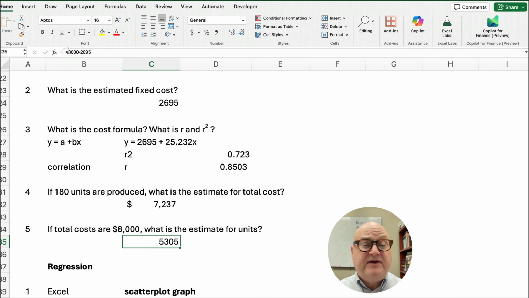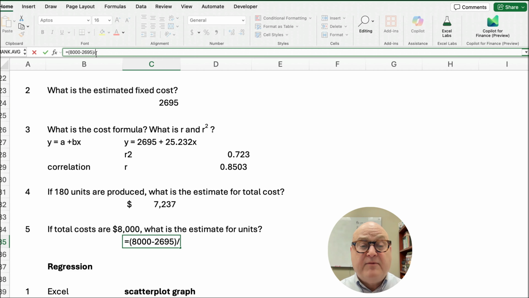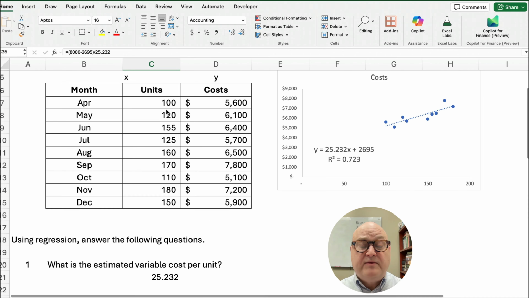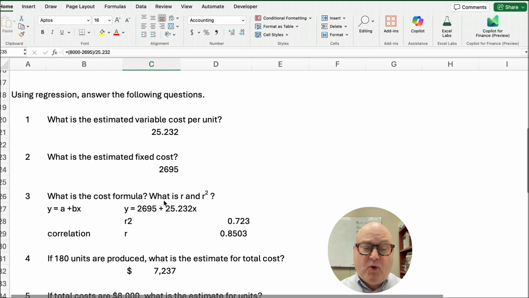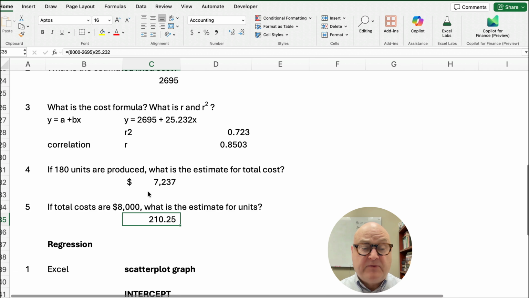So because of algebra, trying to solve for x, we're going to divide that number by 25.232, and we must have, let me make it a whole, 210.25. So at 8,000, we think our number of units would be 210, maybe and a quarter or whatever. And so those are our answers then for our homework, okay?